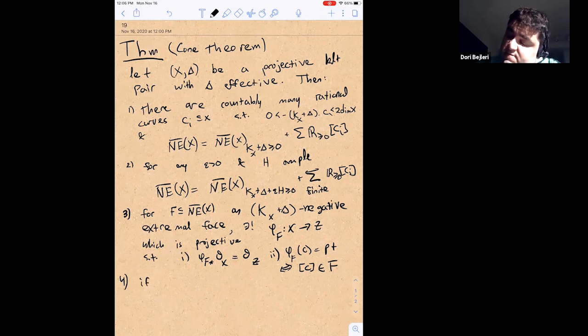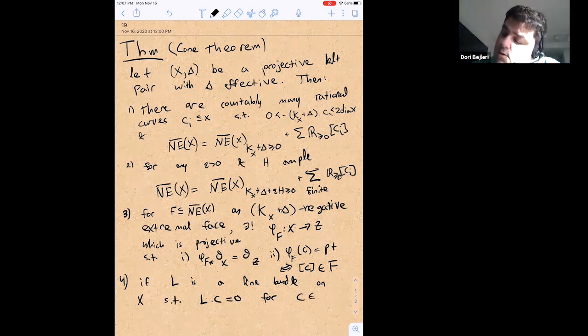So if L is a line bundle on X such that L·C is 0 for any C in our face, then L is φ_F upper star of L_Z for some line bundle on Z.